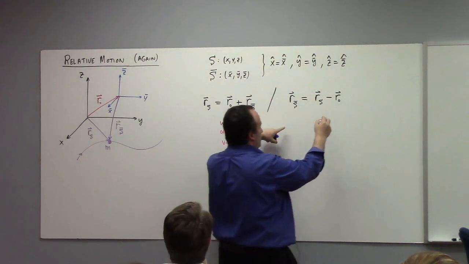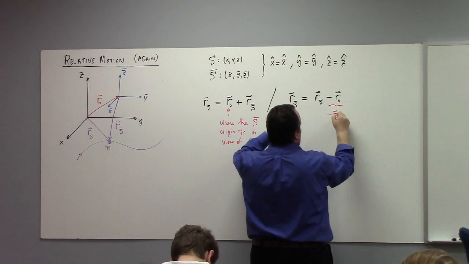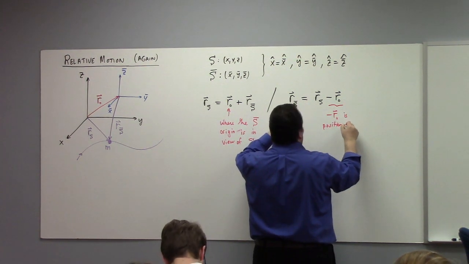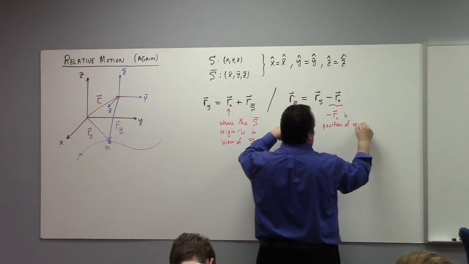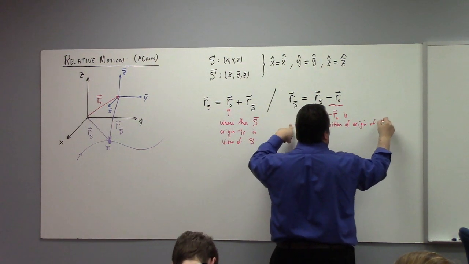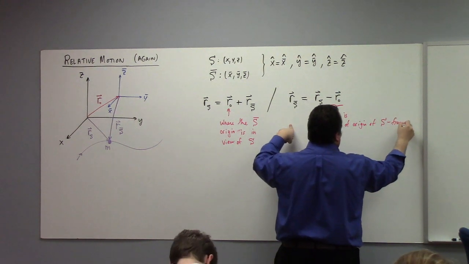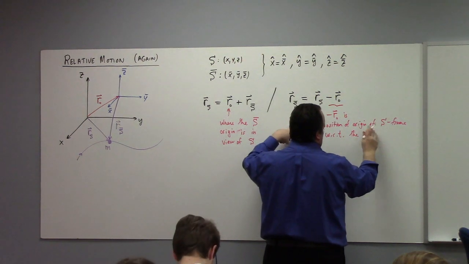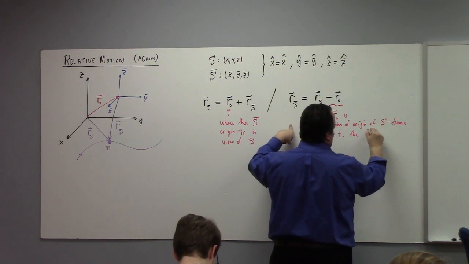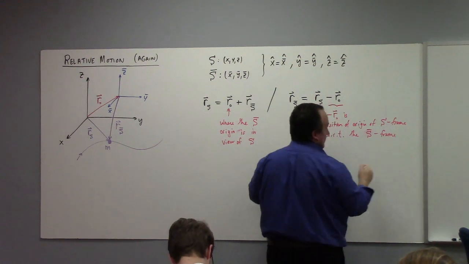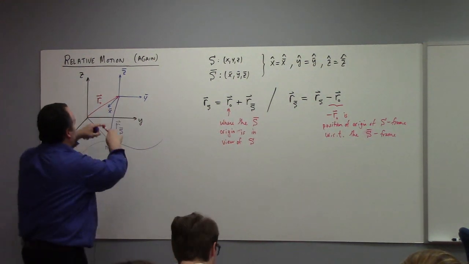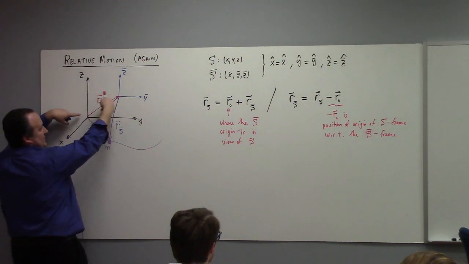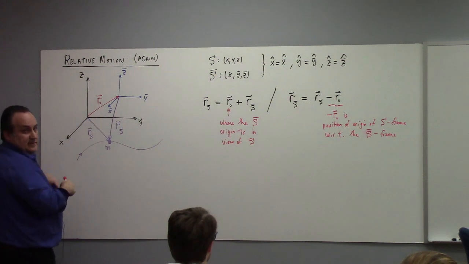Conversely, if you look at this, you notice that minus R sub naught is the position of the origin of the S frame with respect to what? The S bar frame. Because if I start here and I ask where the origin of the unbarred frame is, it's over here. That's the opposite vector to R naught.